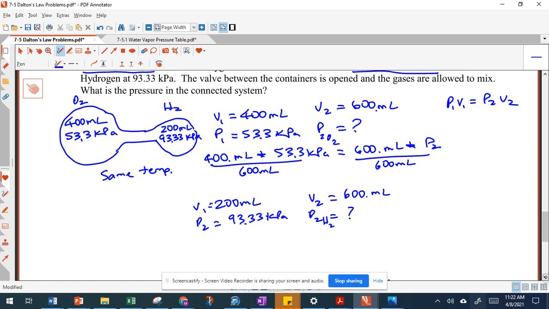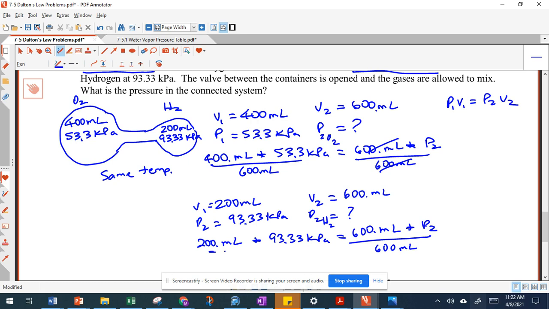We do the same thing with this one. So we have 200 milliliters times 93.33 kPa is equal to 600 milliliters times P2. So again, we isolate P2. Okay, so let's solve each one of these.